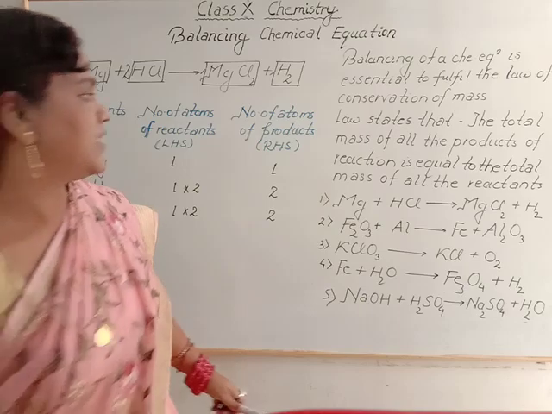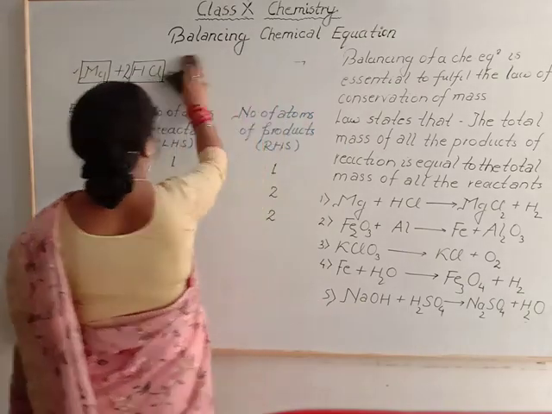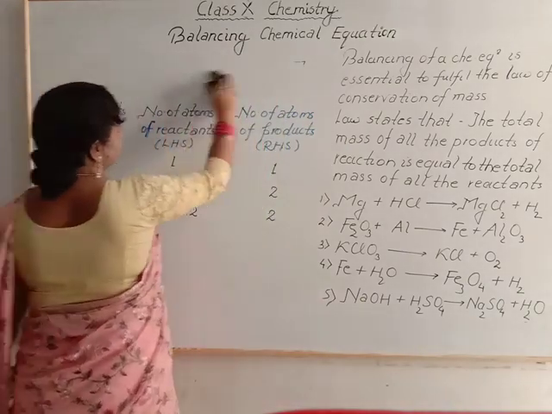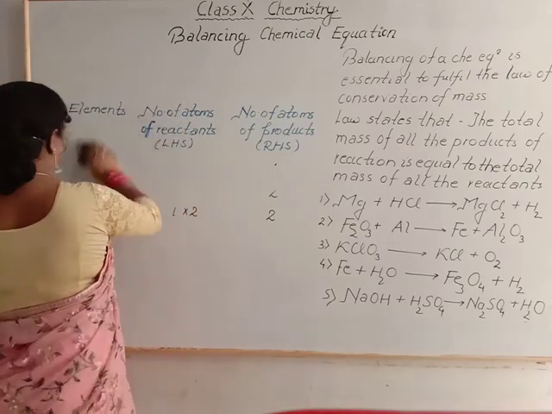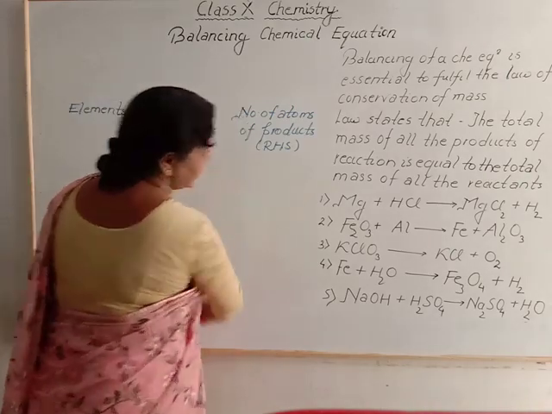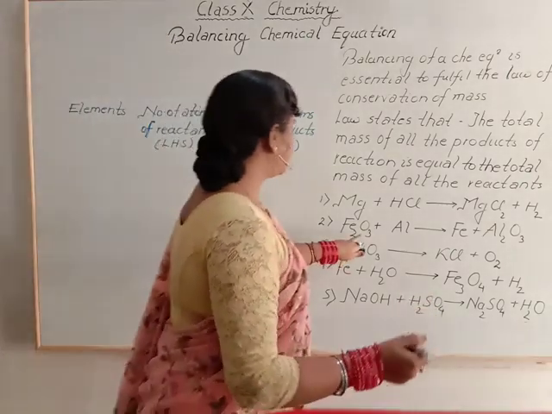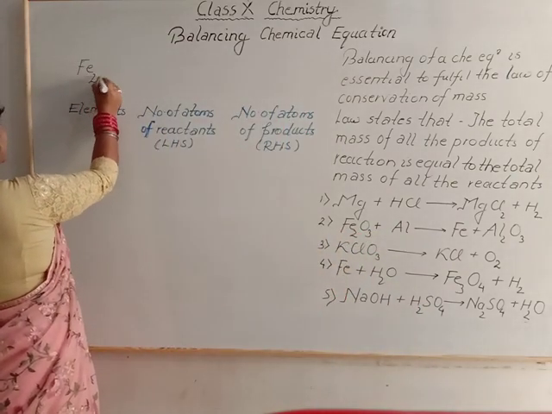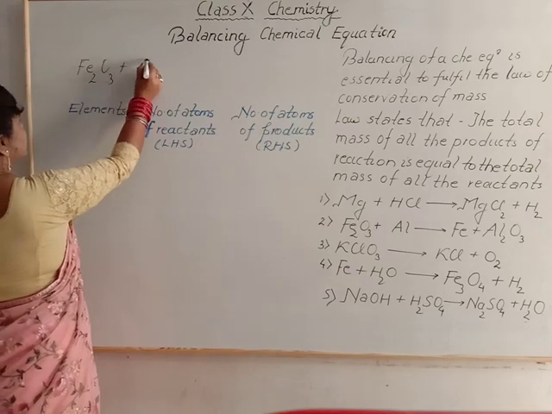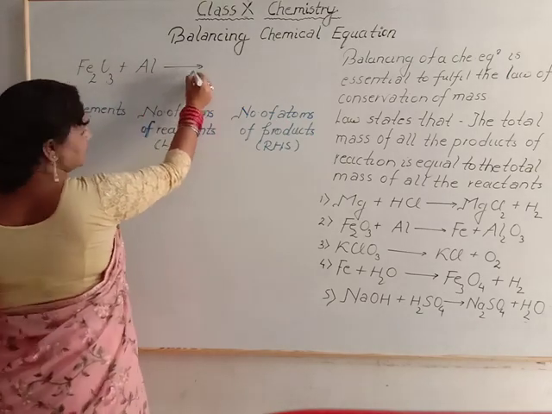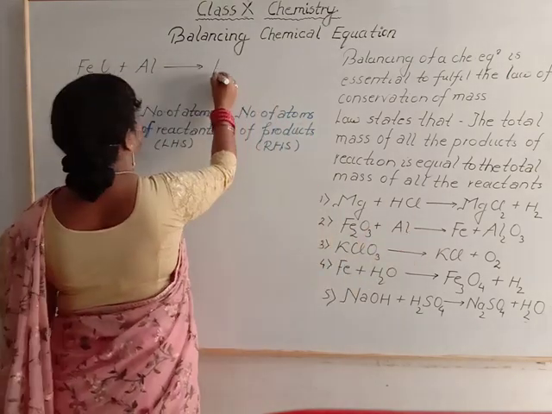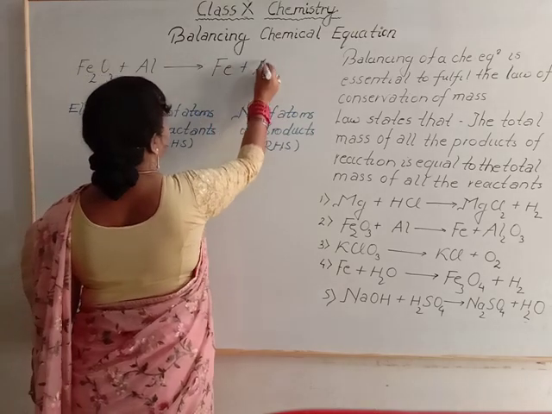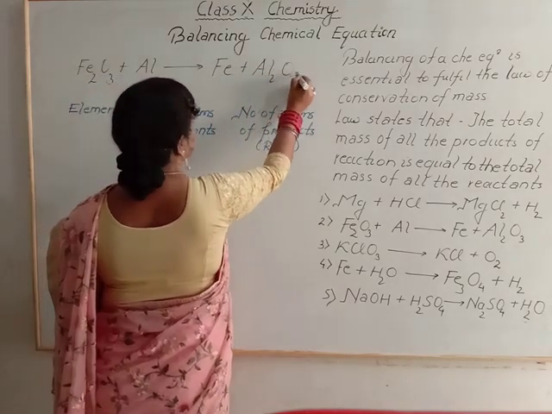Now come to the second chemical equation. Second is Fe2O3 plus Al gives, what does it give? Fe plus Al2O3.